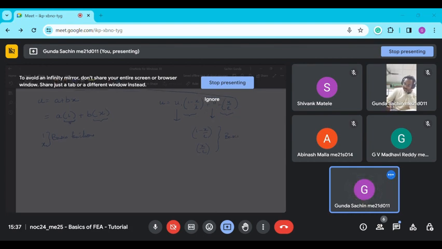But you shouldn't compare this one with this one. You need to compare this one as equivalent to the summation, and 1 and x are similar to 1 minus x by l and x by l.